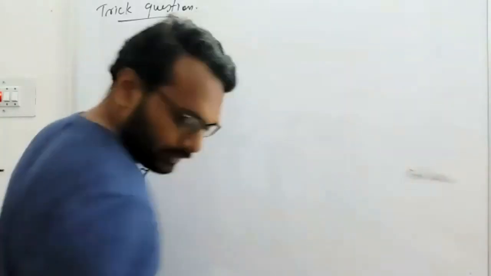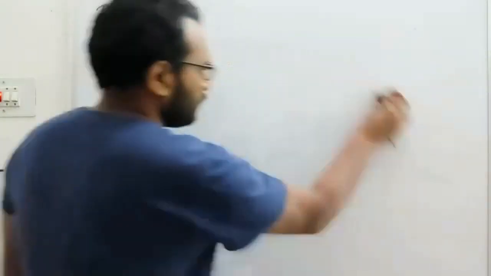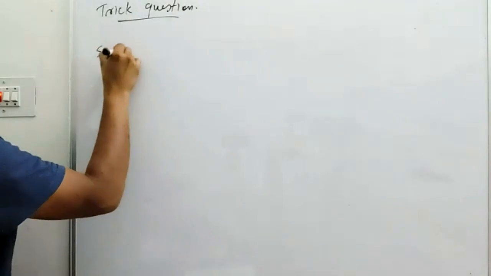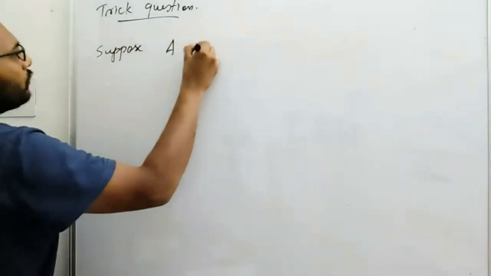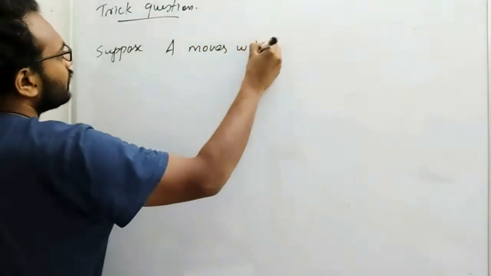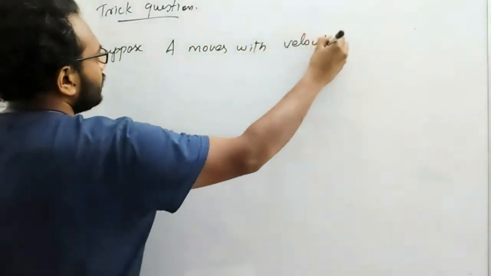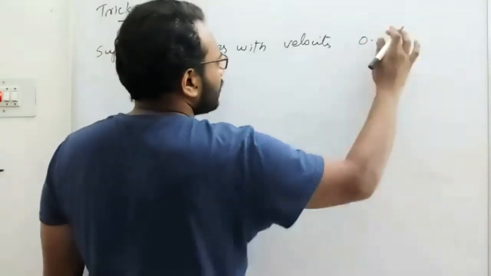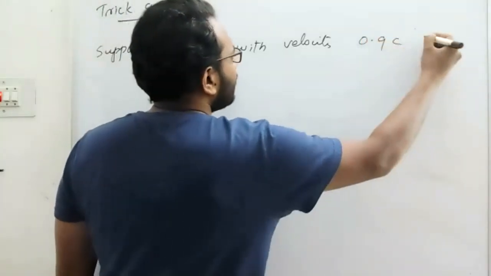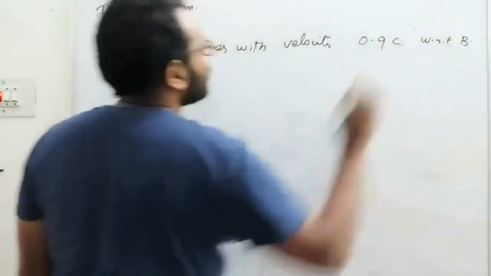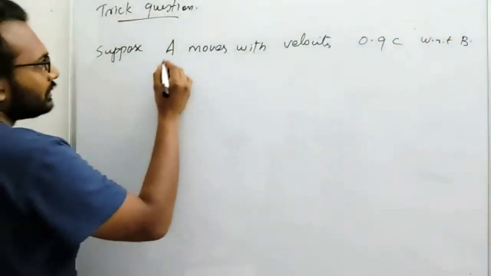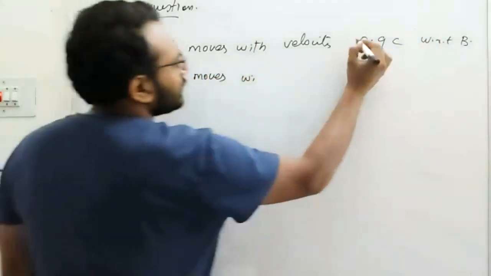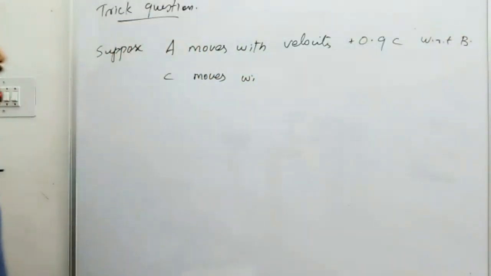Okay, let's look at this question. Suppose A moves with velocity 0.9 c with respect to B. And also you see another object, C, moves, let's put it as plus, which means it's along the plus x-axis.